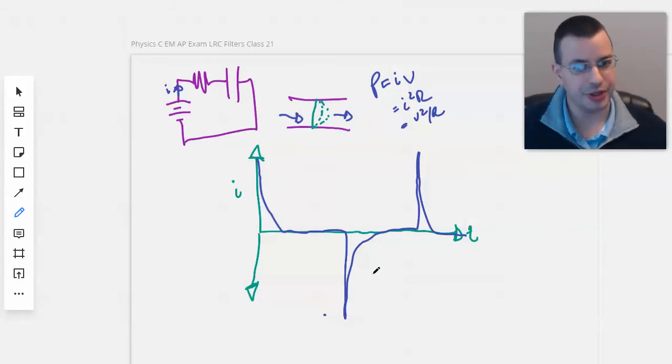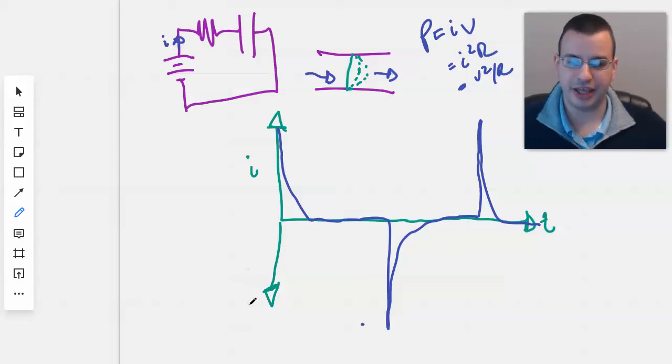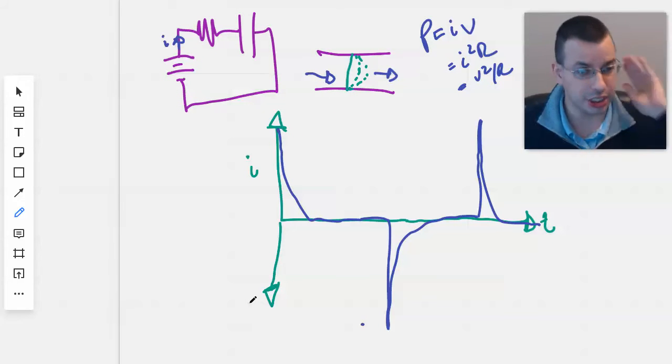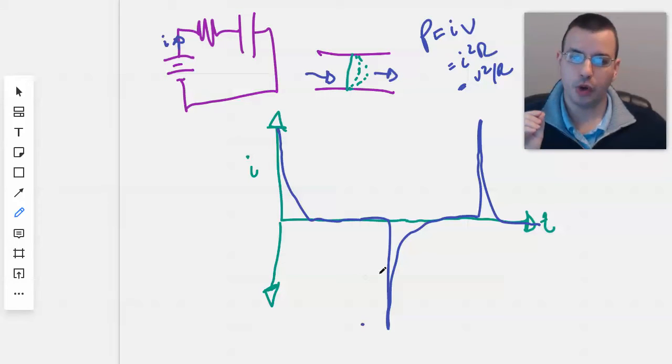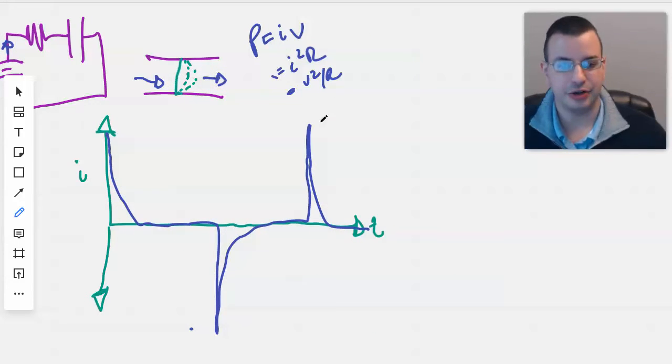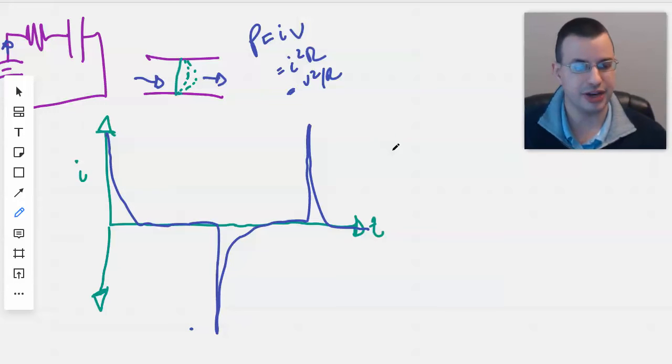For the most part, this thing is almost always off. It's on for brief periods, but it's almost always off. And so if we have a very slow switching, then it produces very little power. Another way of saying that, if it's very slow switching, it'd be to say that the frequency of an AC circuit, the frequency is low.